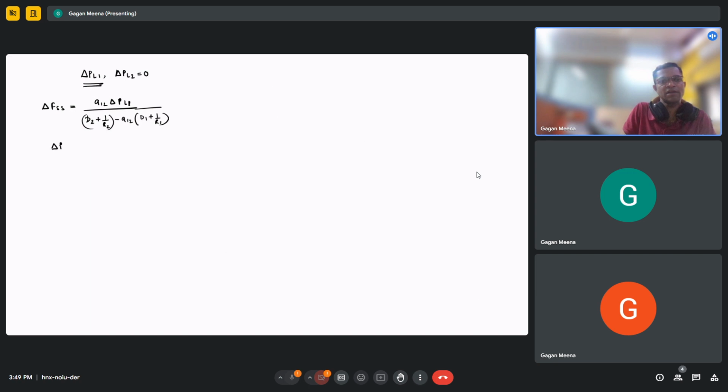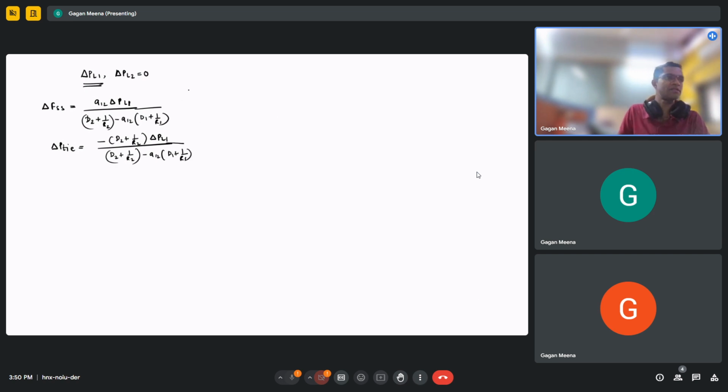Similarly, delta P tie is equal to minus (D2 plus 1 by R2) into delta PL1 divided by (D2 plus 1 by R2) minus A12 (D1 plus 1 by R1).